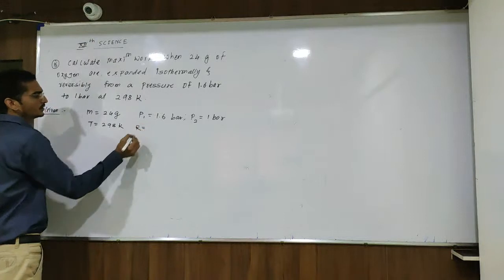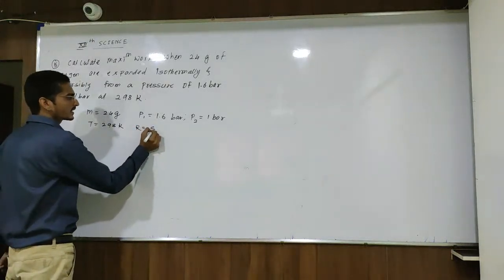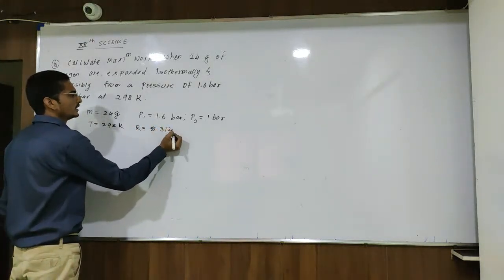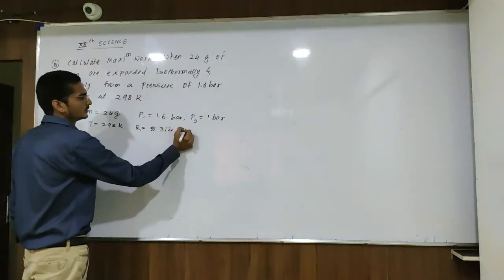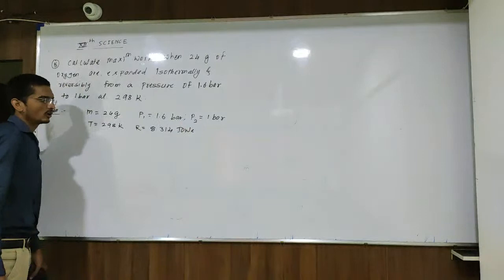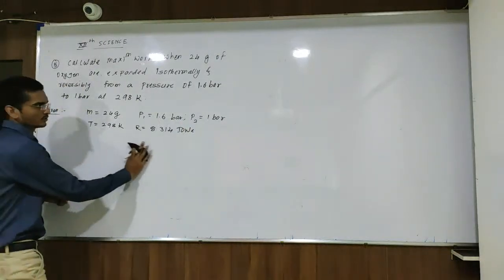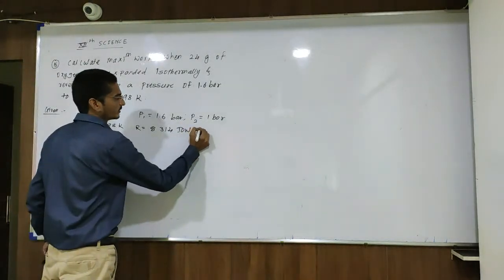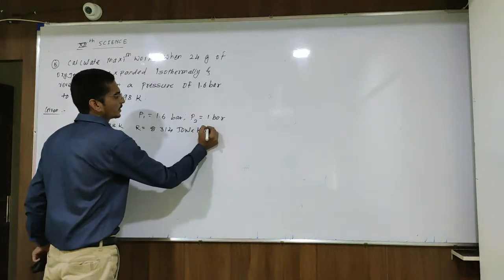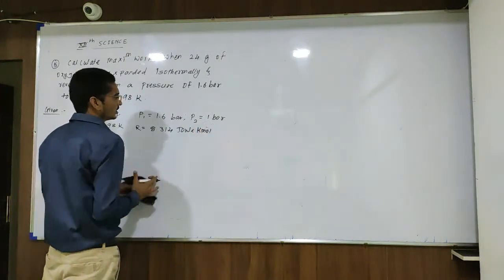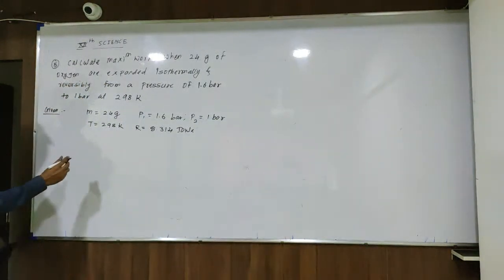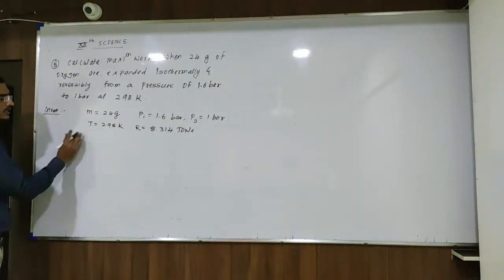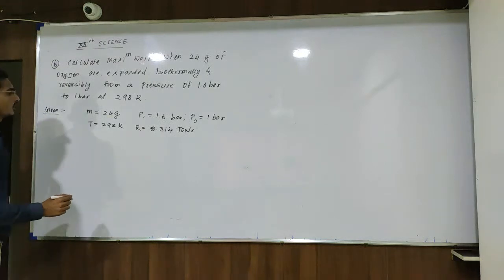Obviously you use the value of R, the gas constant, 8.314 joule per mole per Kelvin. That is your value of R in joules. Next, first of all you have to find the number of moles, but which formula to use here?